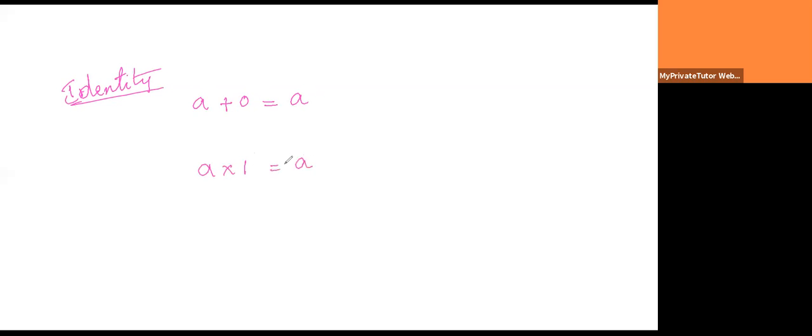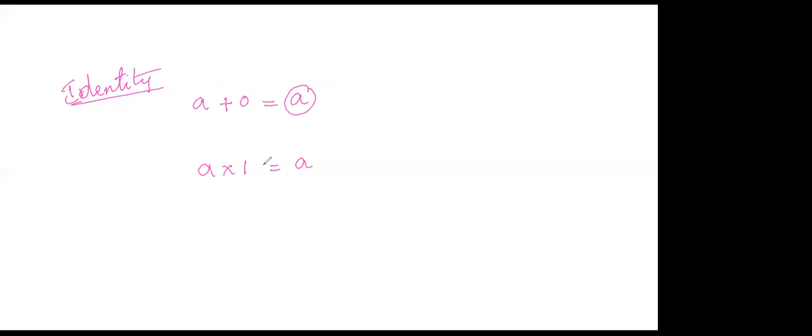Identity is nothing but the same number. To get the same number in addition, we have to add 0. In multiplication, we need to multiply by 1. Am I clear? Yes, sir.